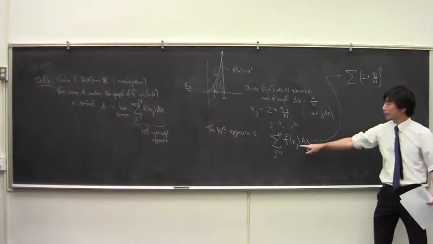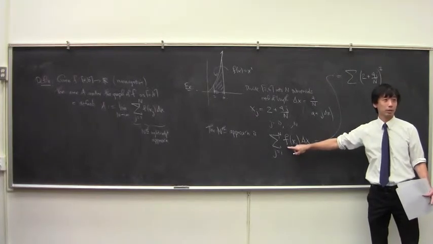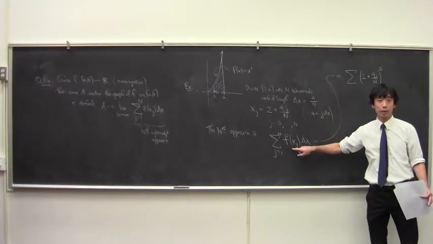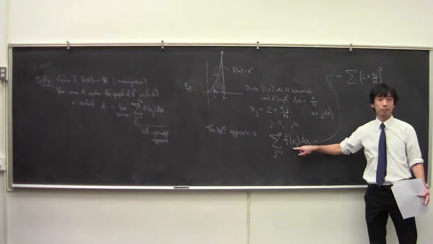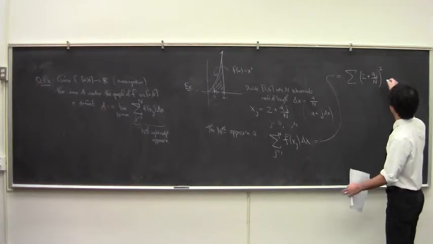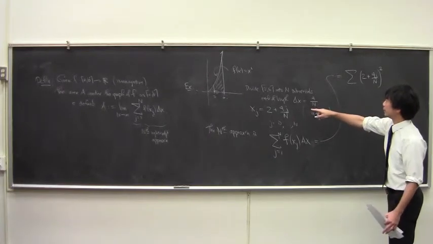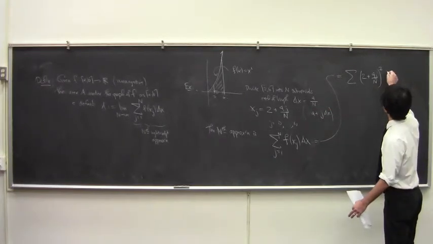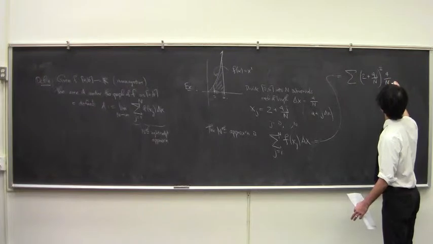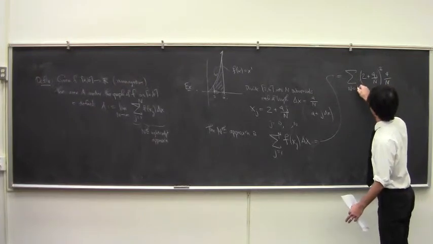I'm taking x of j and putting it into the f function, and f says square what you get. And then I multiply that by delta x, which was 4 over n.